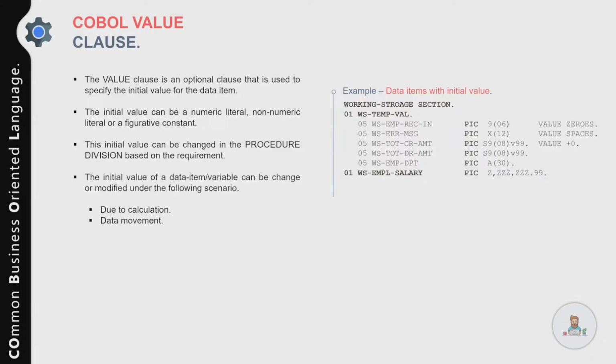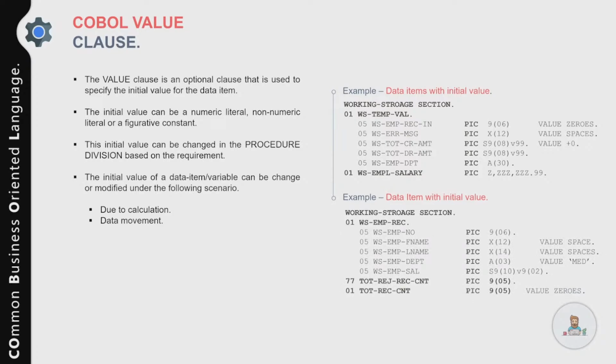After that we have WS-ERROR-MESSAGE, which is X of 12, and we have assigned an initial value of spaces. Similarly, the next variable is WS-TOTAL-CREDIT-AMOUNT, and we have assigned a plus 0 as the initial value.